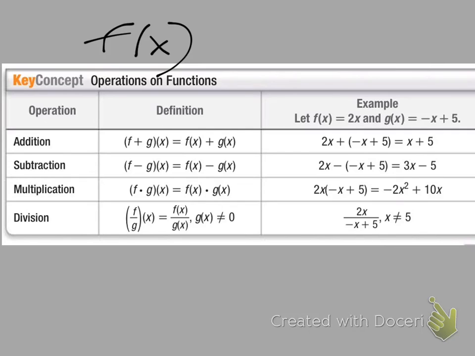Looking at negative x plus 5, 5 will give you 0, because it would become negative 5 plus 5, which is 0. So you have to put x cannot equal 5, because that number is not included in your domain. You cannot put that number into the function. Questions so far? Everybody good? Okay, let's go on to problems now.